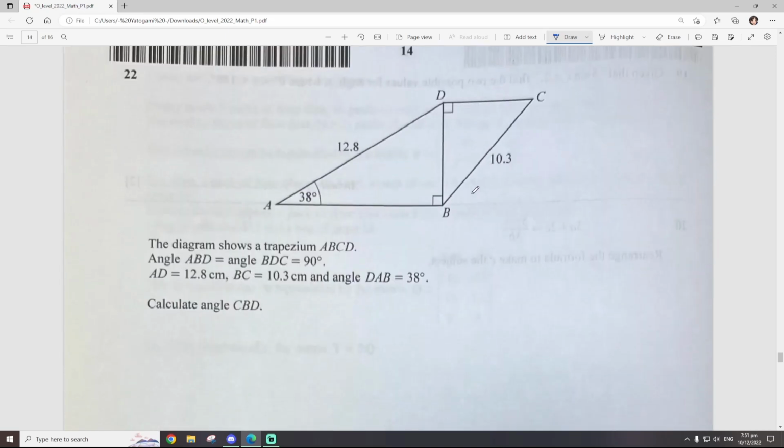Question 22. The diagram shows trapezium ABCD. BDC is 90 degrees, right angles, and we're given the rest of the information. What is CBD? So we're looking for this angle. Actually, all we need to do is find BD. So BD is actually 12.8 sine 38 degrees, right?